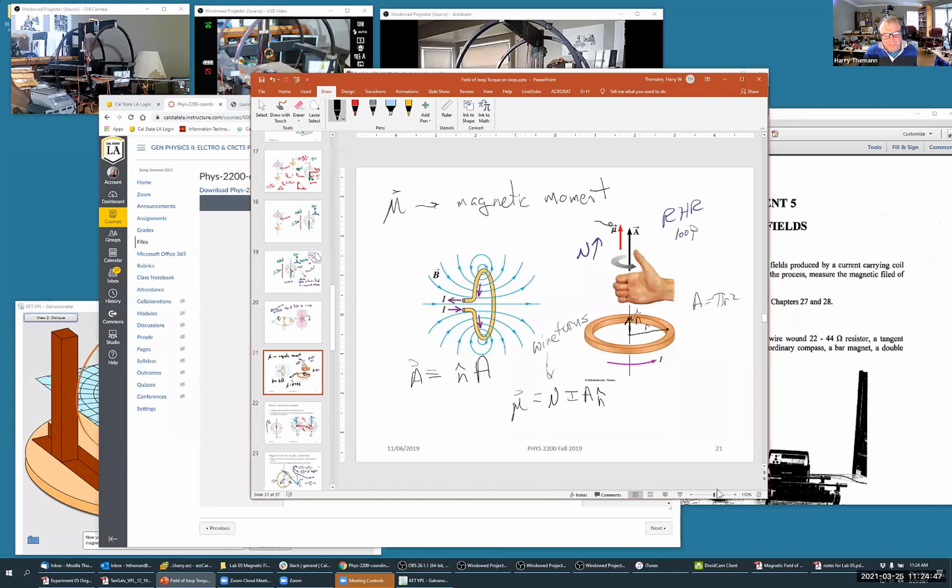So you'll hear engineers express B fields of a coil of wire using the expression ampere turns. I don't know if ampere turns has the area built into it or not, but if you hear ampere turns, it comes from this magnetic moment definition.